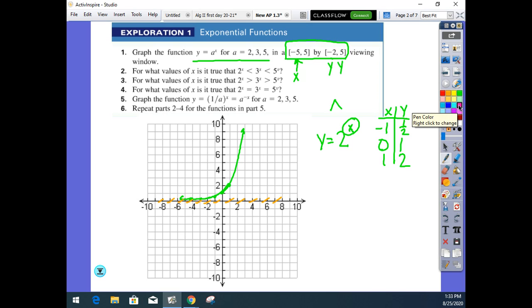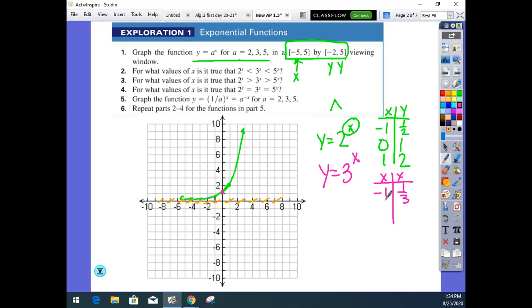Now, go back to your y equals and do 3 to the x. Graph it. Notice this is a little bit lower. You won't be able to see it. It still crosses at the same spot because -1, 3 to the -1 is 1/3.